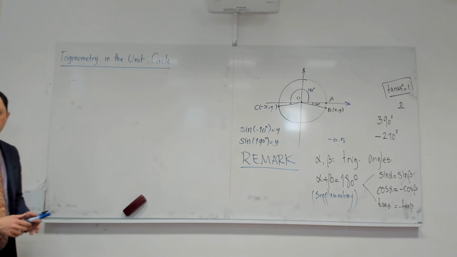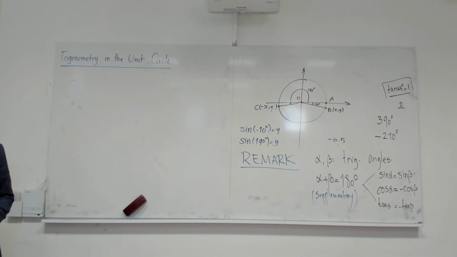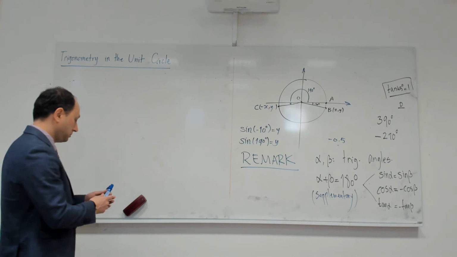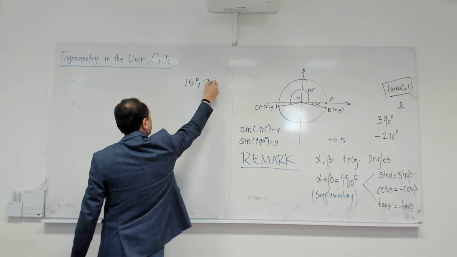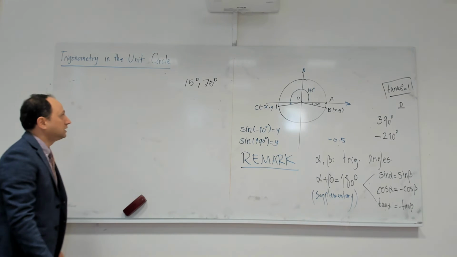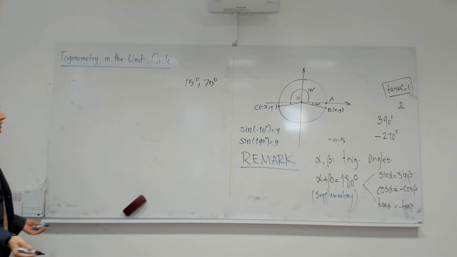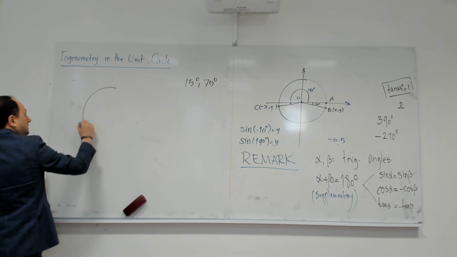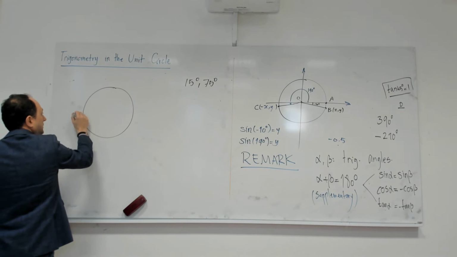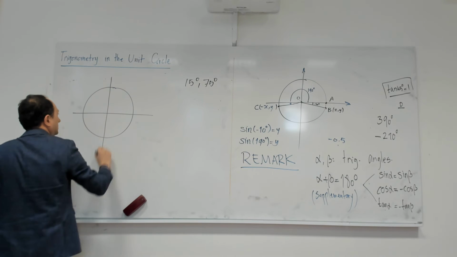Let us try to understand the connection between sines and cosines of 15 and 75 degrees for the time being. We want to explore the relation between sines, cosines, and tangents, okay? Let me try to draw a good picture here.